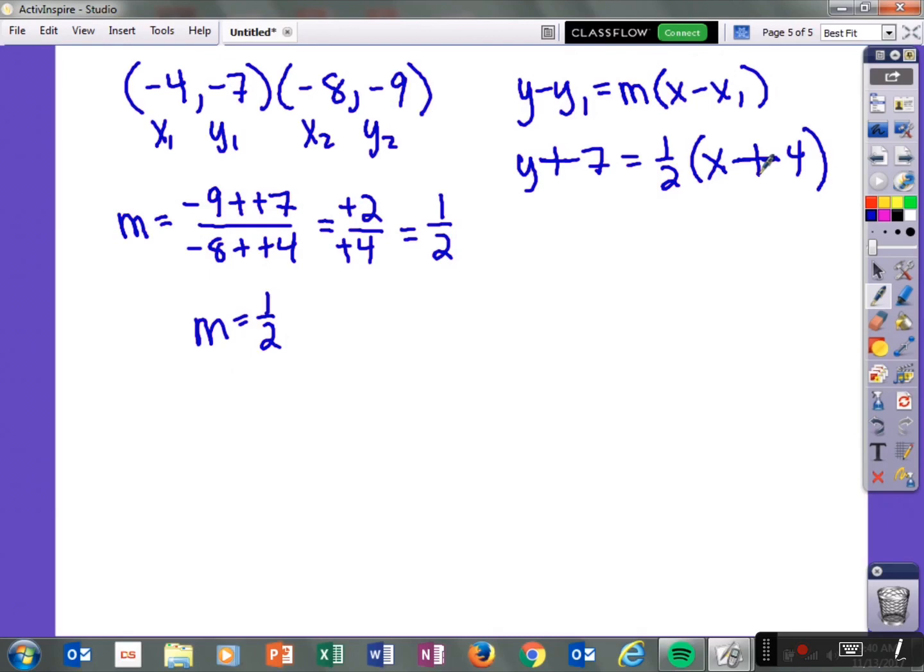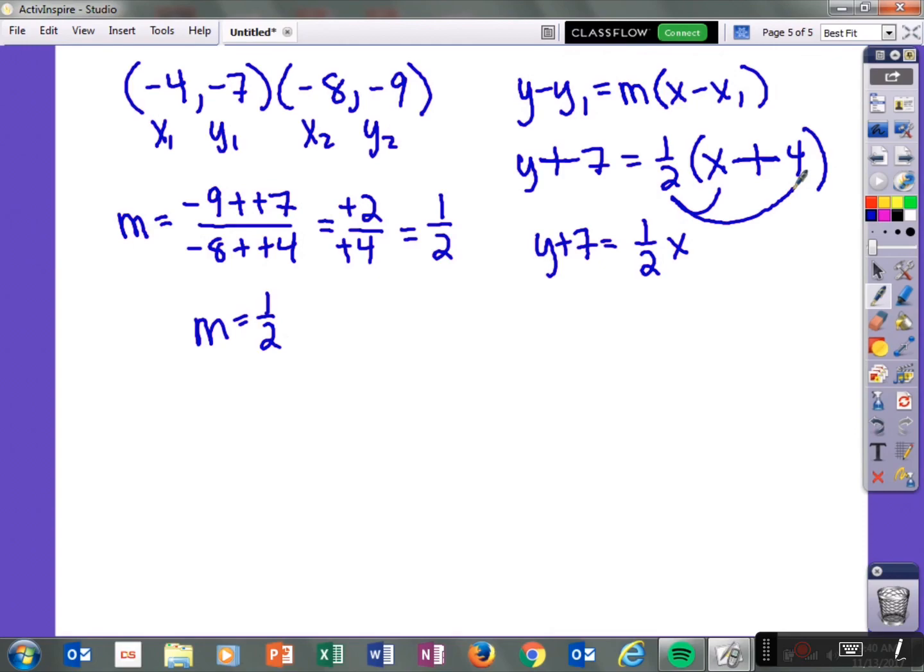Now we can do shark fin. So y plus 7 equals, what's 1/2 times x? 1/2 x. And don't forget that you have to multiply the last number too, right?